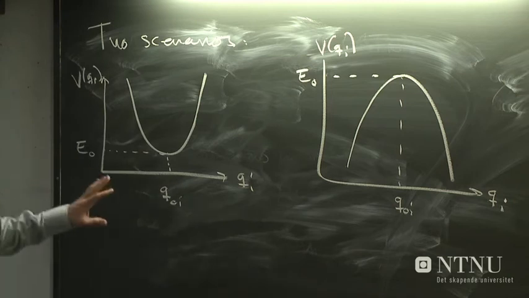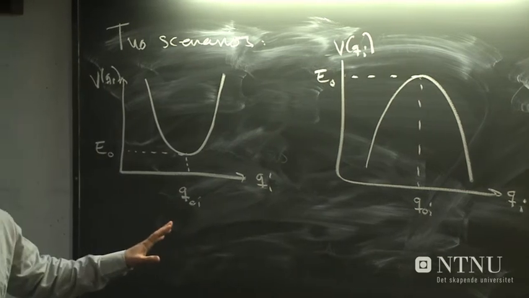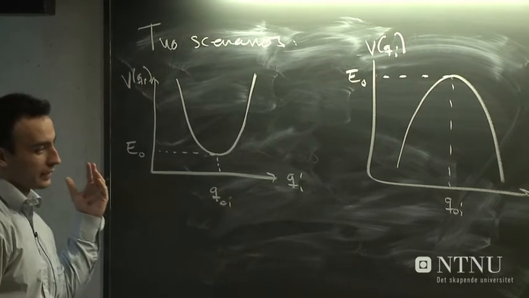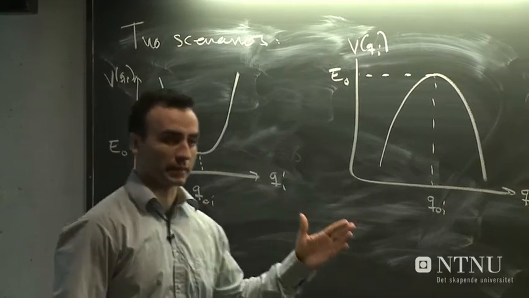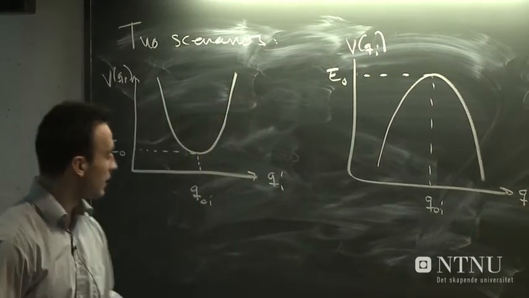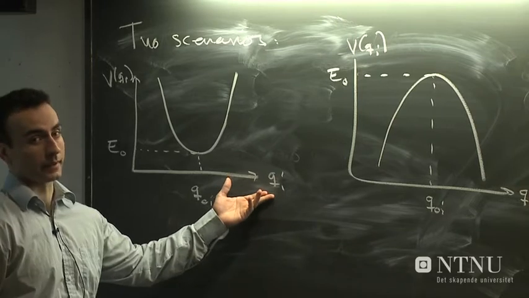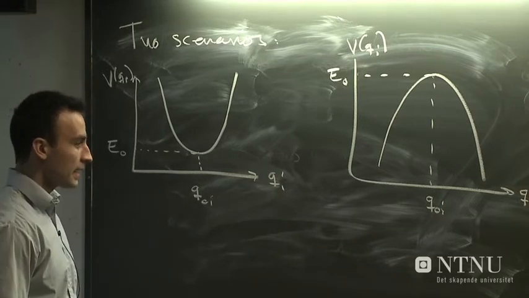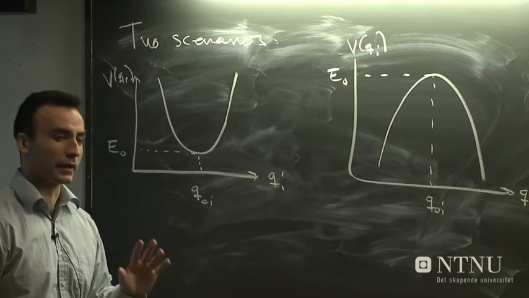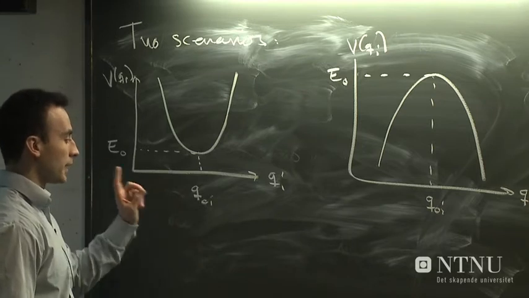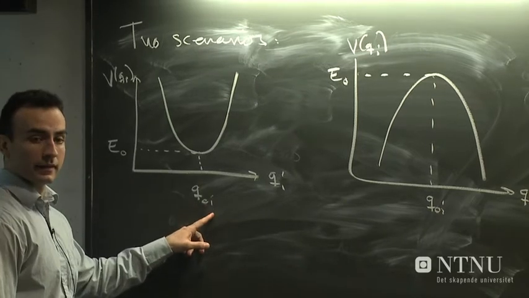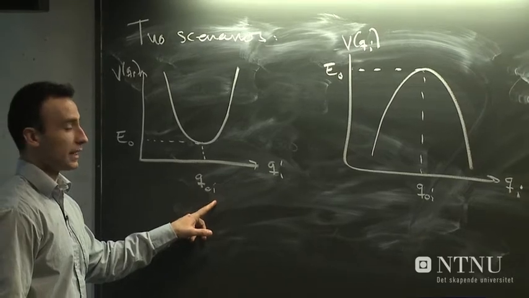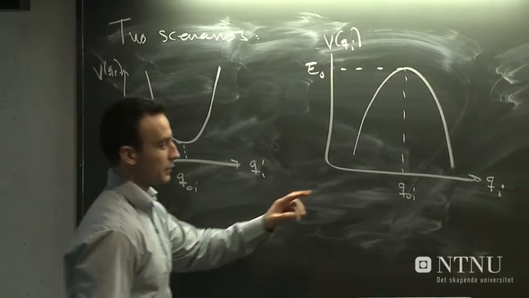So we can envision the potential energy plotted as a function of qi. So we basically project the potential down to a particular axis, say qi. Then we know that in the equilibrium state, denoted by q0i, the potential should have an extremal value. So it's either a minimum or a maximum.